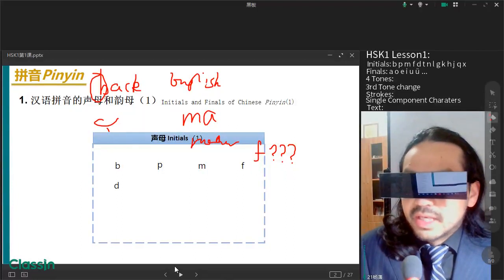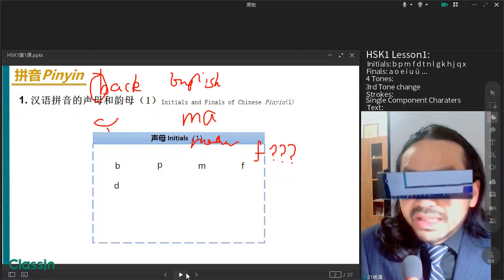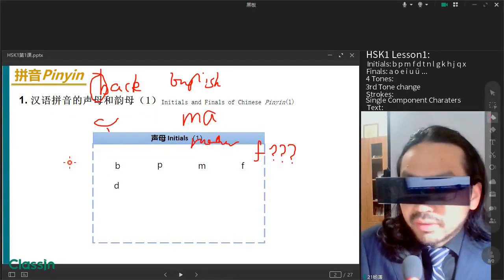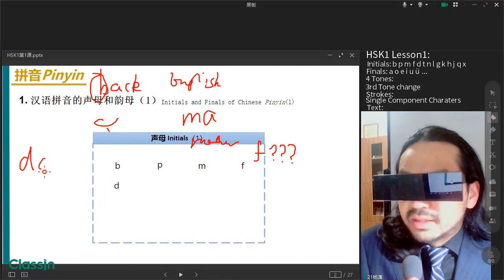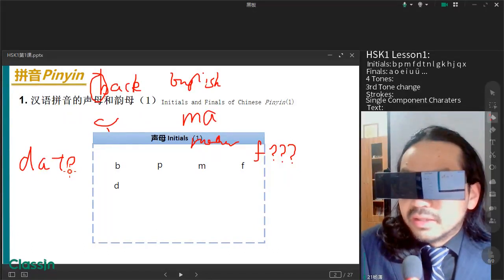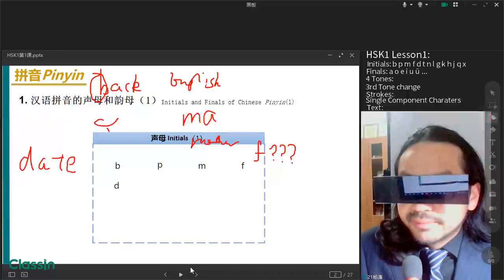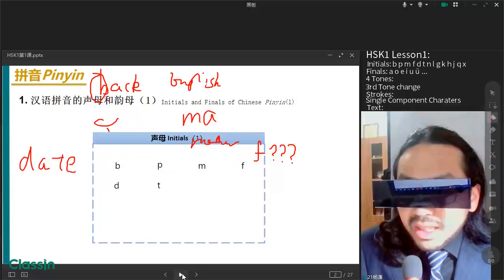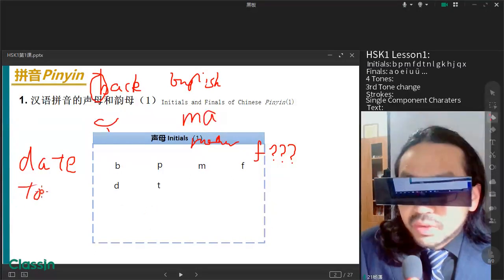The next one is 的, just like when you say date in English. 的. Next one, 特, for example in today or teach.